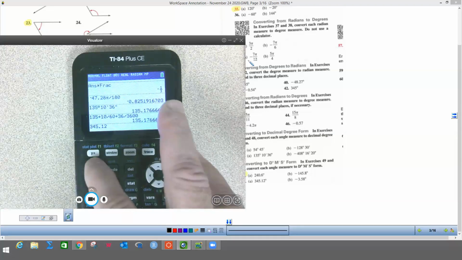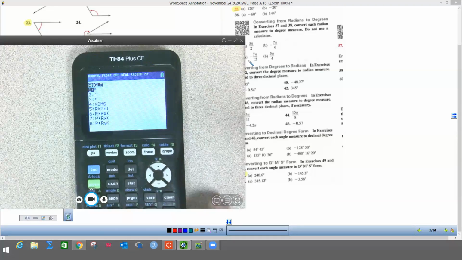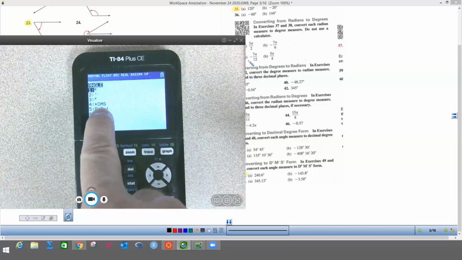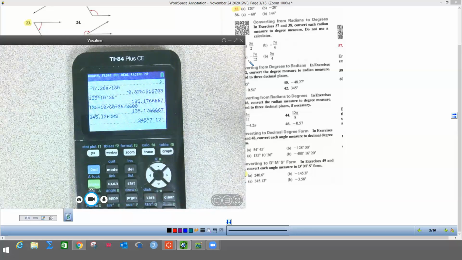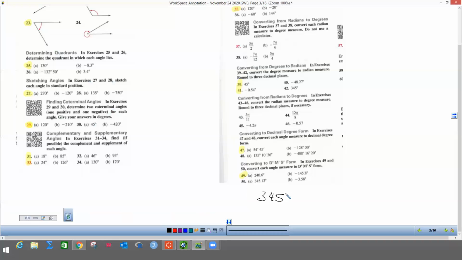And we're going to hit second apps. And if you look at number 4, that says change to degrees, minutes, seconds. So I'm going to hit the number 4, and then I hit enter, and I would write this as 345 degrees, 7 minutes, and 12 seconds.